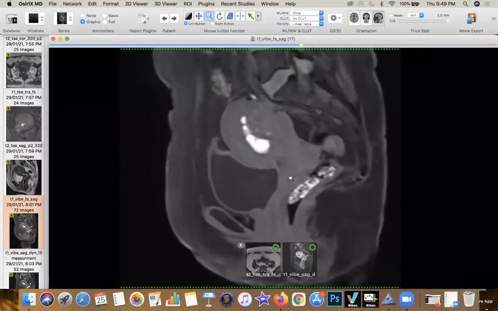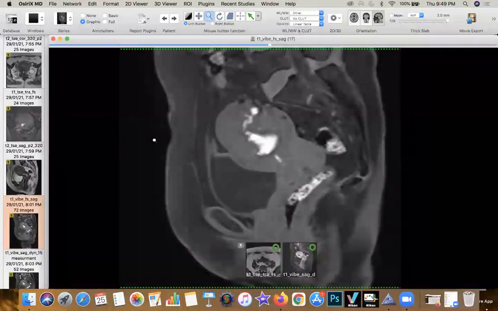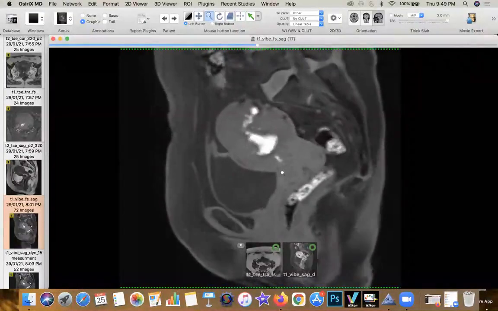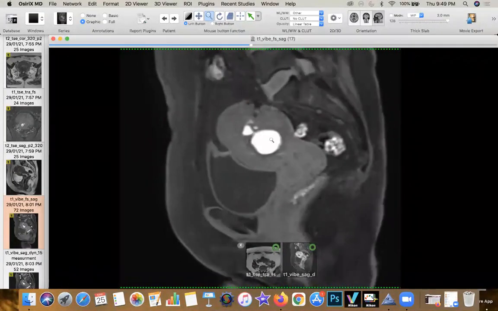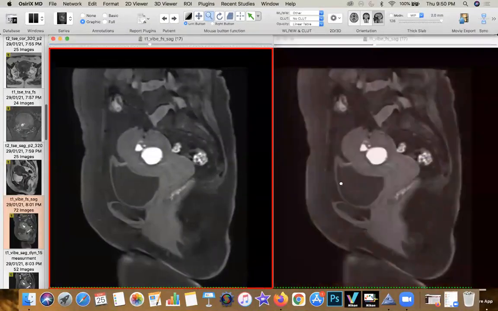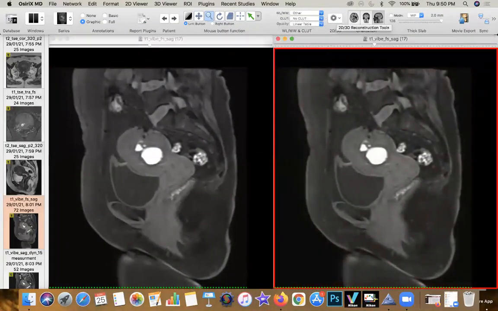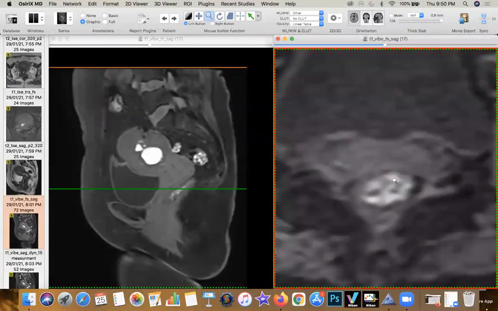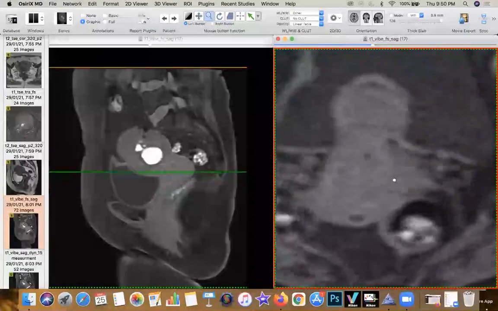But what else are we seeing? What were looking like rim enhancing, hypoenhancing structures within that myometrium or in the vicinity of the endometrial cavity are multiple confluent or conglomerate hemorrhagic structures which are kind of consolidating themselves in the vicinity of the endometrial cavity. So they're all kind of clumped along the margin.